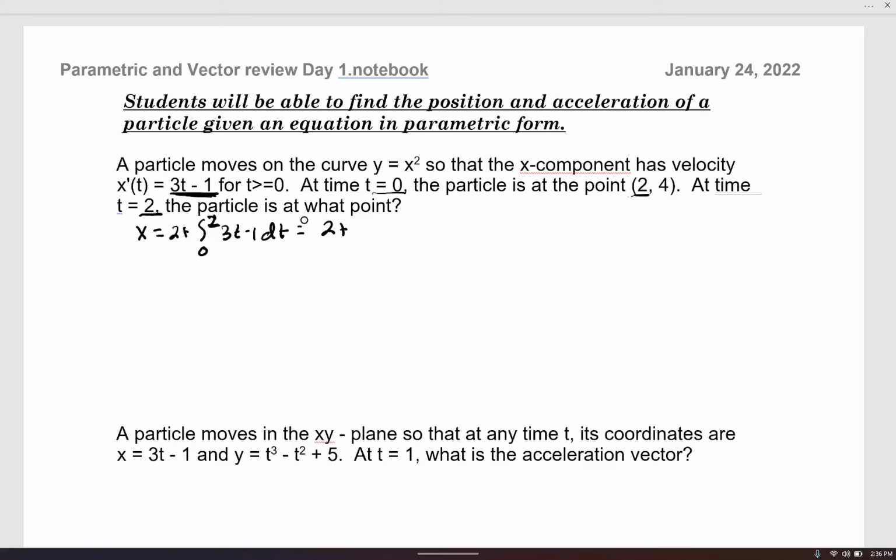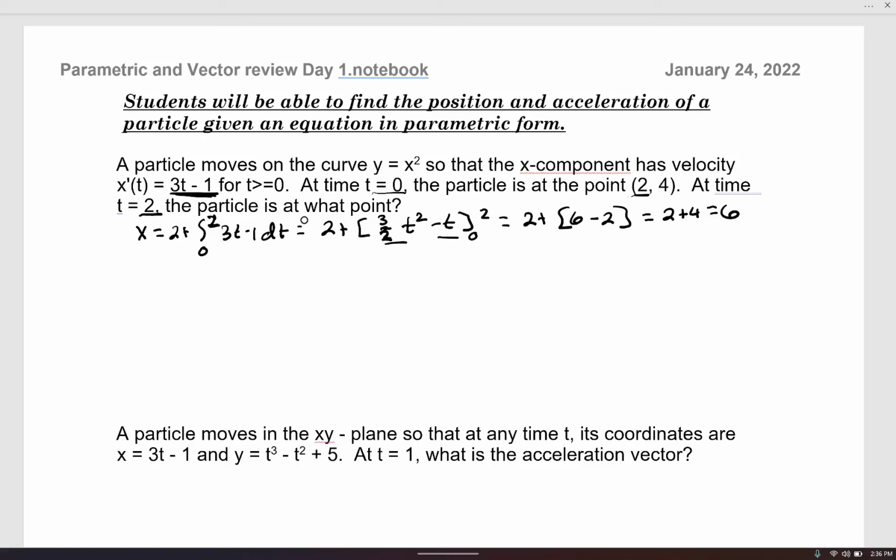So that's 2 plus, the integral of that is 3 halves t squared minus t, from 0 to 2. So 2 plus, and then 4 divided by 2 is 2, 2 times 3 is 6, minus 2, and then minus 0 and 0. So that's going to be 2 plus 4 is 6.